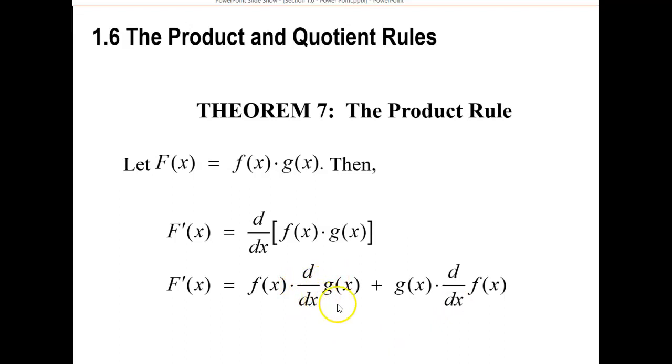So your formula for differentiating a product is to leave the first one alone and multiply by the derivative of the second, plus this time leave the second one alone and multiply it by the derivative of the first. So it's not just take the derivative of each and multiply. You have to use this formula when you have a product.